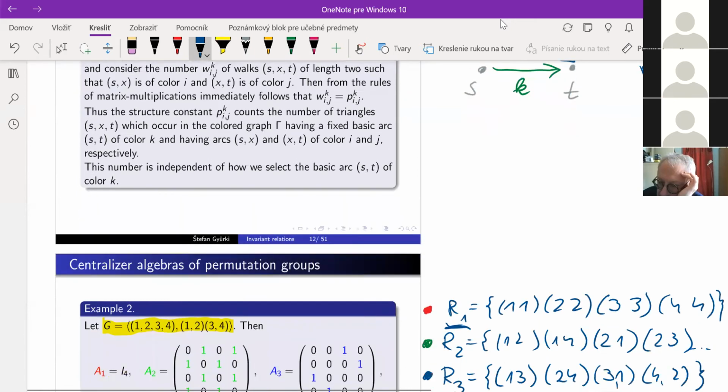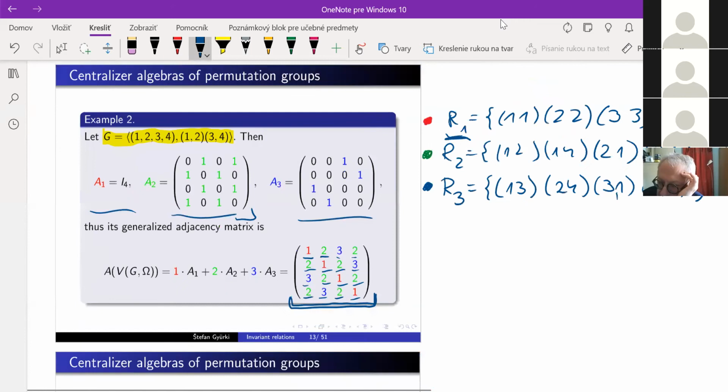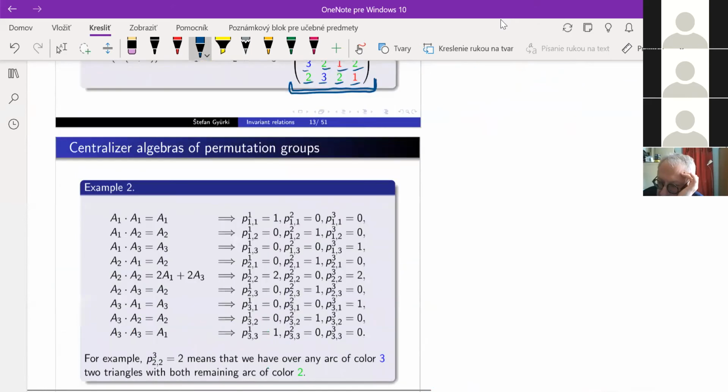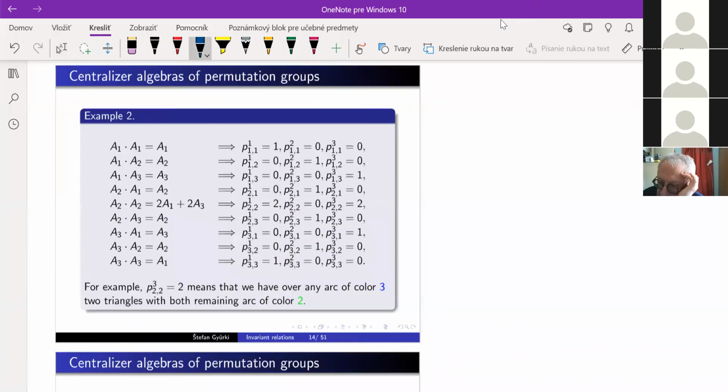Now, if we return to our example, then of course we can count the products of basic matrices. A1 is clearly the identity, so it is easy to multiply with A1.